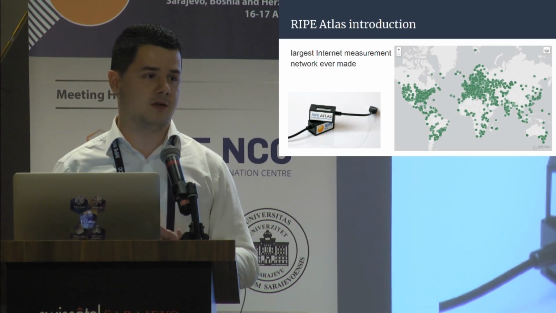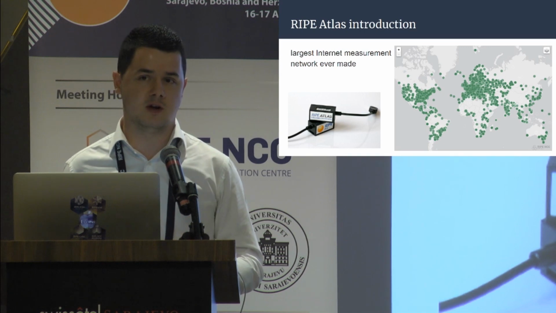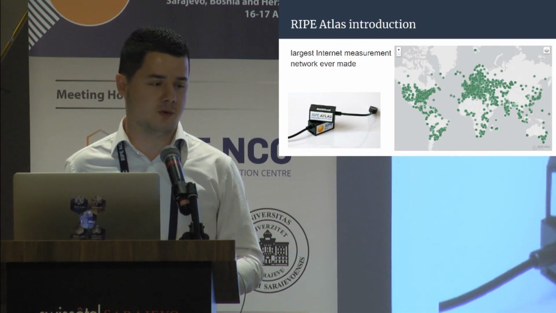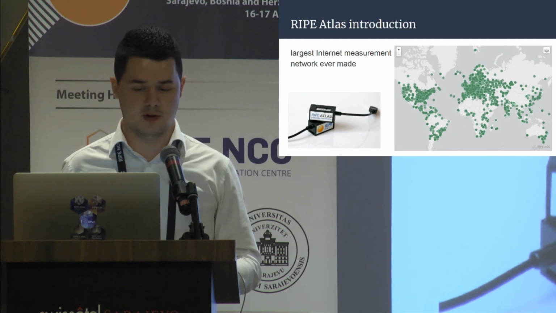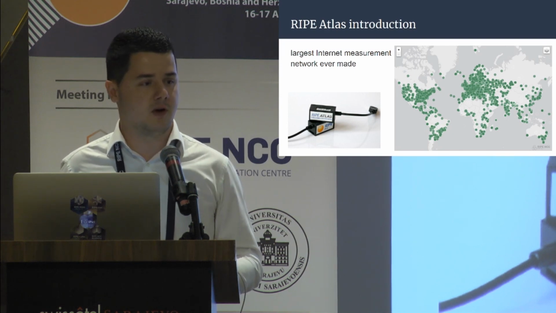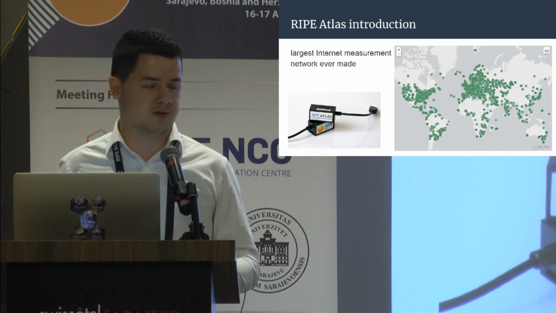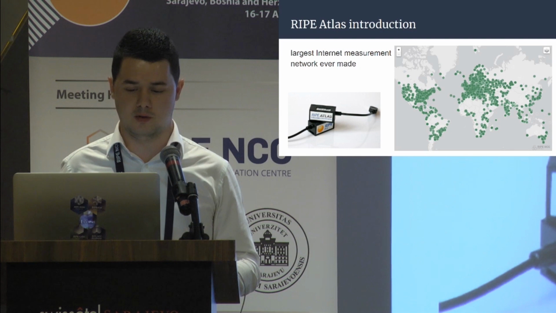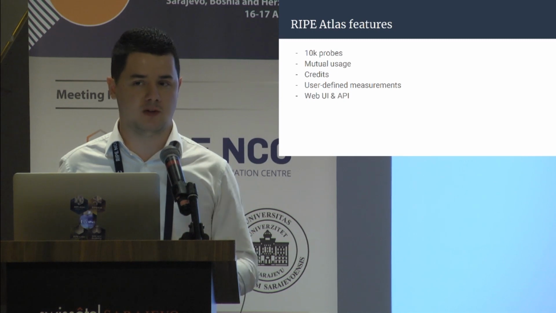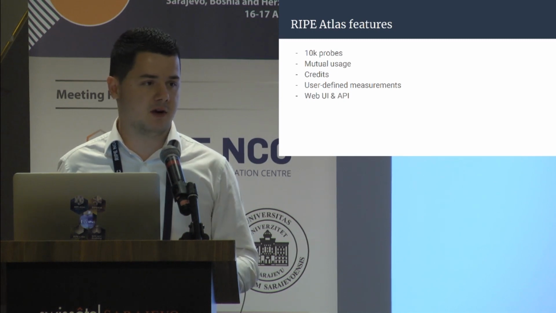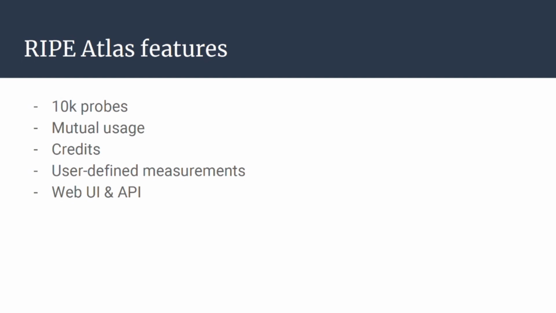When you think about it, it actually makes sense to have such a thing, similar to all the weather stations that we have in the world, used to forecast weather in real life. The same thing now we have, thanks to hundreds of volunteers: we have 10,000 probes around the world. They are based on the help of people like you, and they are currently distributed worldwide in almost all the countries in the world.